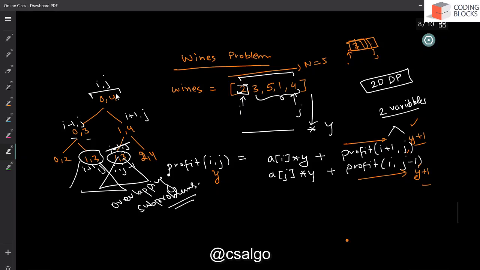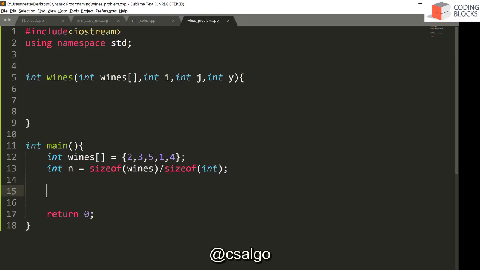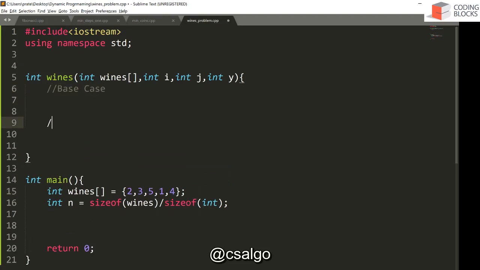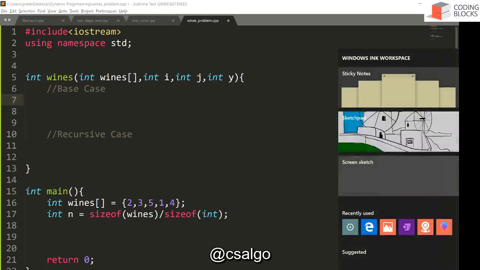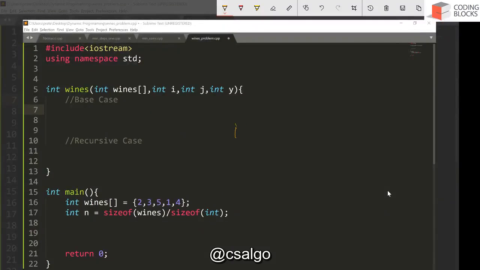Okay, so let's get down into the code and implement this one. First we need to know the base case, and second we should have a recursive case. The base case is very easy. Suppose you're selling bottles from i to j. At every point you shrink i and j, because i is going right and j is going left.